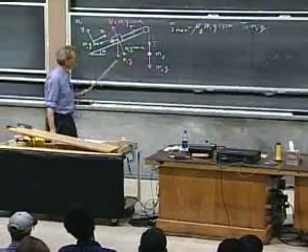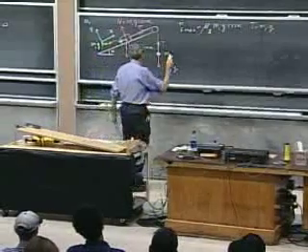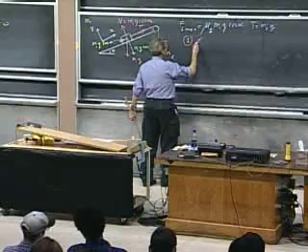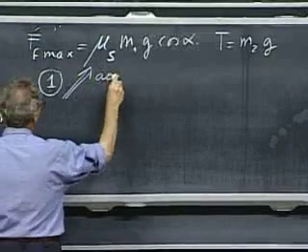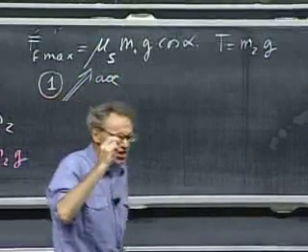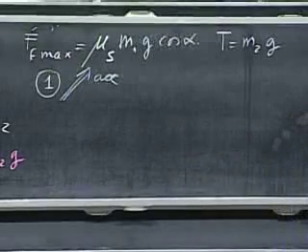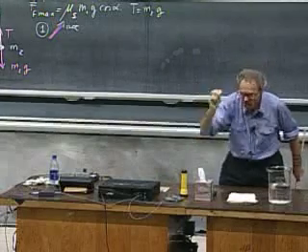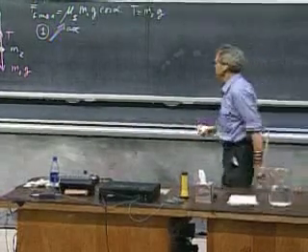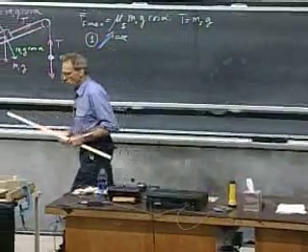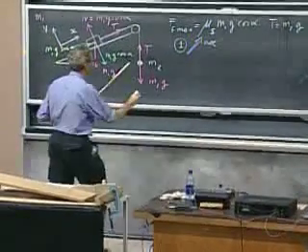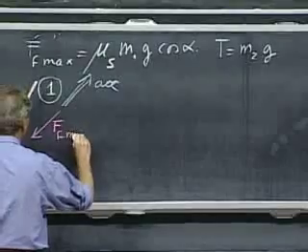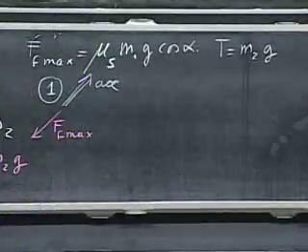Now I have to start splitting in the following situation. My first option is that I make the assumption that the system is just about to start accelerating upwards. It isn't doing it yet. It is just about to do that. If that's the case, then I know that the frictional force will be in this direction, and it will have reached the maximum value with the static friction coefficient.